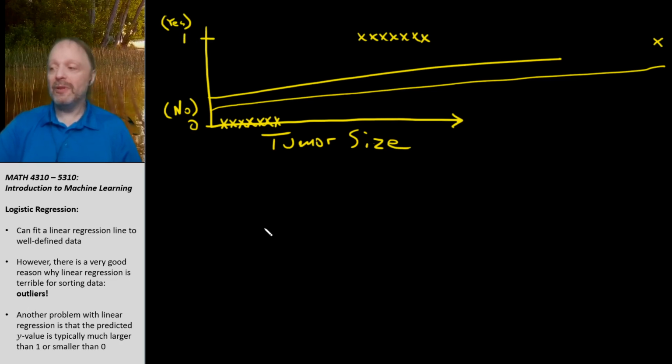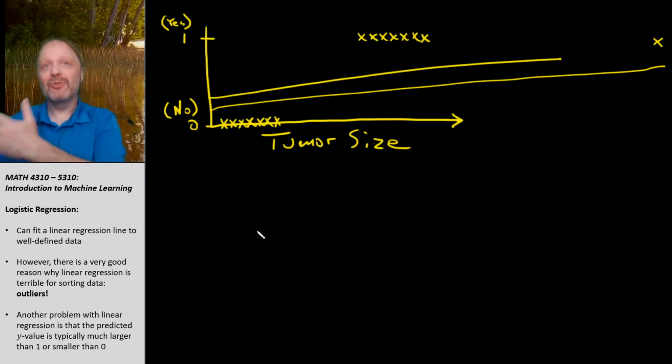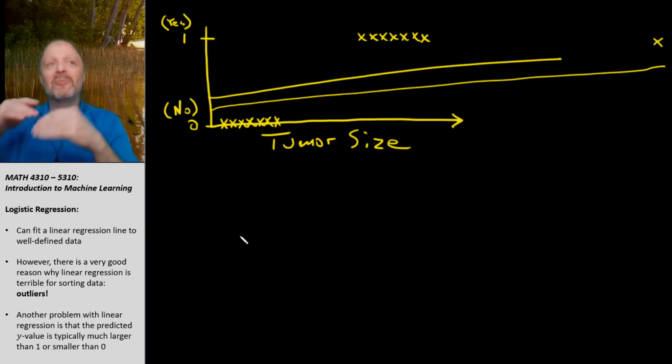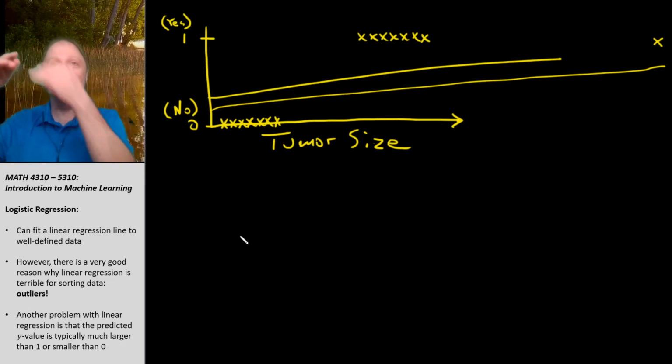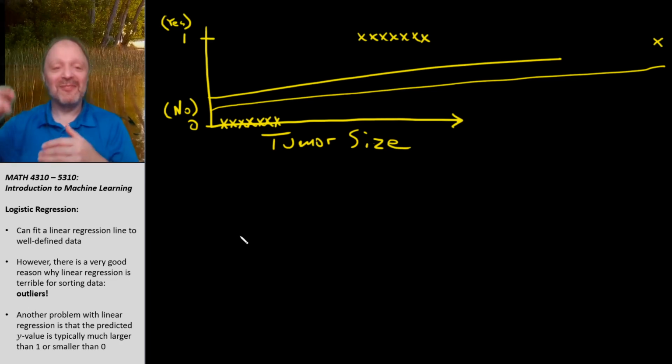So I don't want to wind up having to sort things with some arbitrary value in the mid hundreds, where if it's above that, it falls in one category, and if it's below it, it falls in the other. So those are two reasons why we don't want to use linear regression to sort data. We want to use logistic regression.